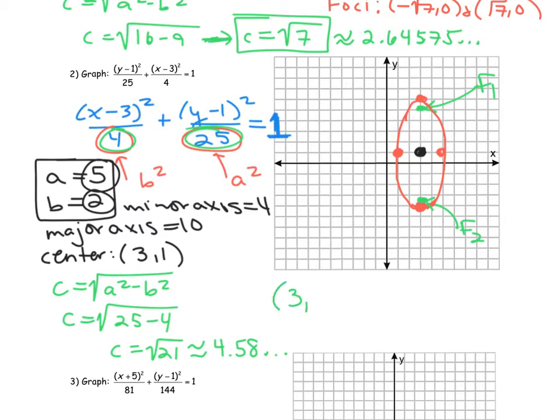So we'll have 3 comma something and 3 comma something. And now we know this is centered at 3, 1. So this is already pushed up one value along the y-axis. So one of my values will be 1 plus radical 21. And my other value will be 1 minus radical 21.